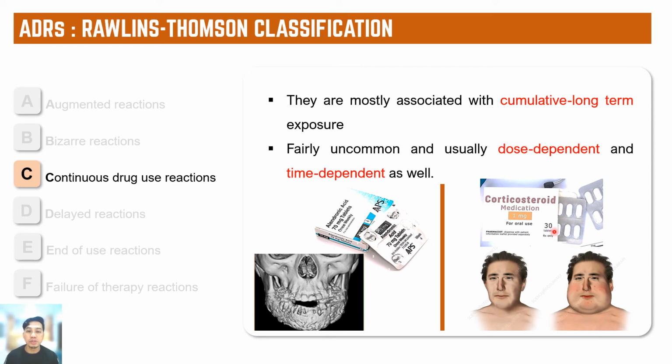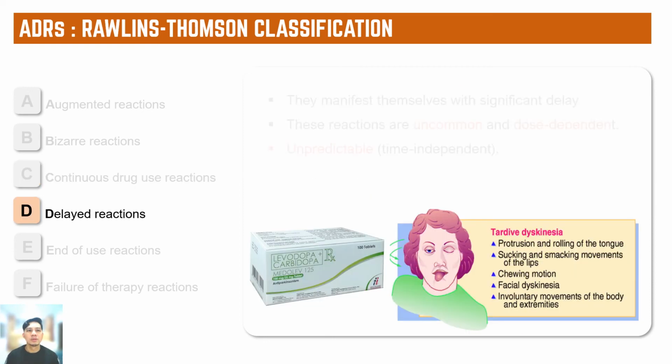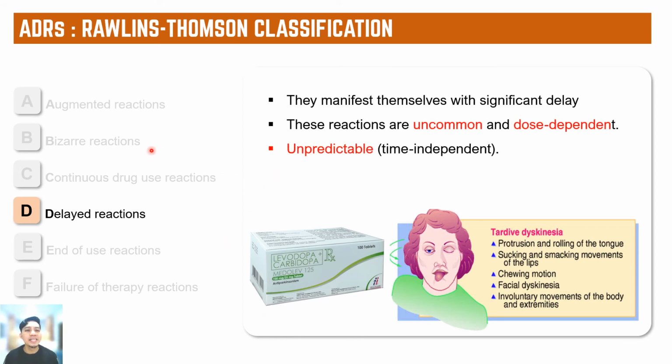Now, coming to type D reactions or delayed reactions. This type of reaction usually appears some time after the use of medicines. This refers to the drug effect that occurs due to the prolonged use of a drug which does not tend to accumulate.